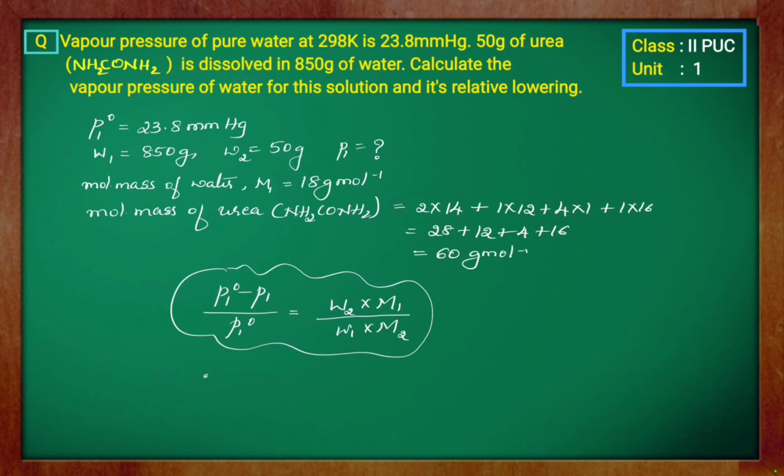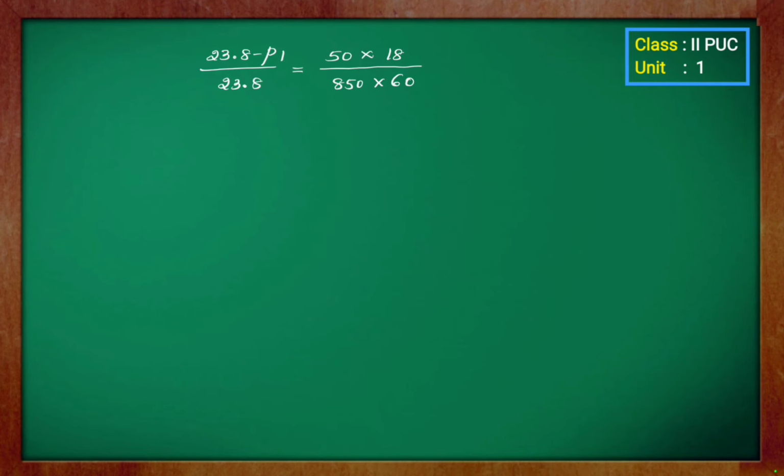We have P1 naught, which is 23.8, minus P1, which is what we need to calculate, divided by P1 naught, that is 23.8, which is equal to W2, which is 50 grams, into M1, that is 18 grams per mole, divided by W1, which is 850 grams, into M2, which is 60 grams per mole.